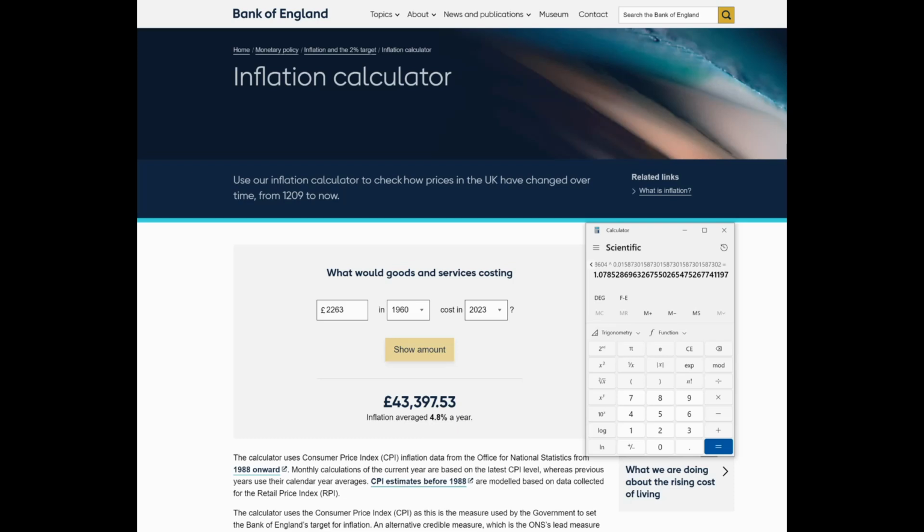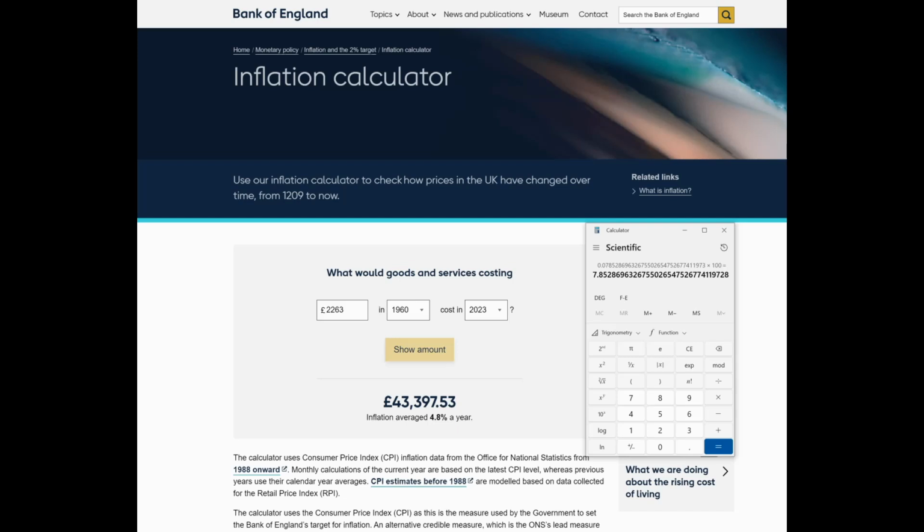We can take away 1, and then we times that figure by 100, and we get the actual compounded inflation rate from 1960 to 2023, which is 7.85%. And you can see what a difference that a 7.85% inflation rate makes in comparison to a 4.8% inflation rate. The difference is staggering.